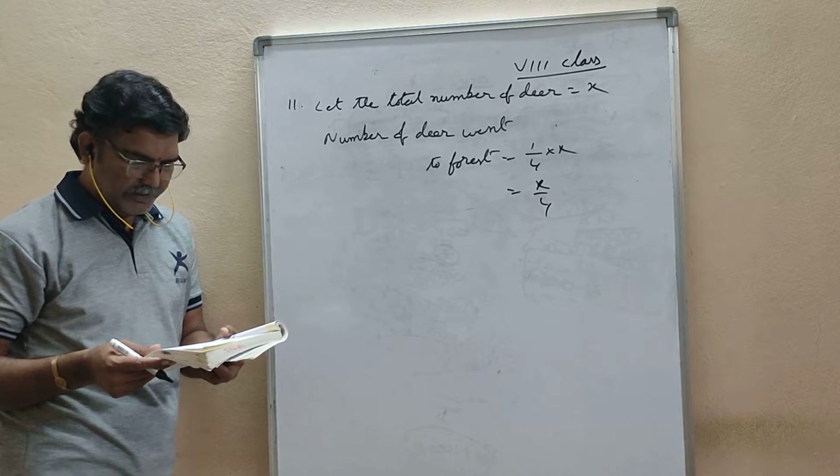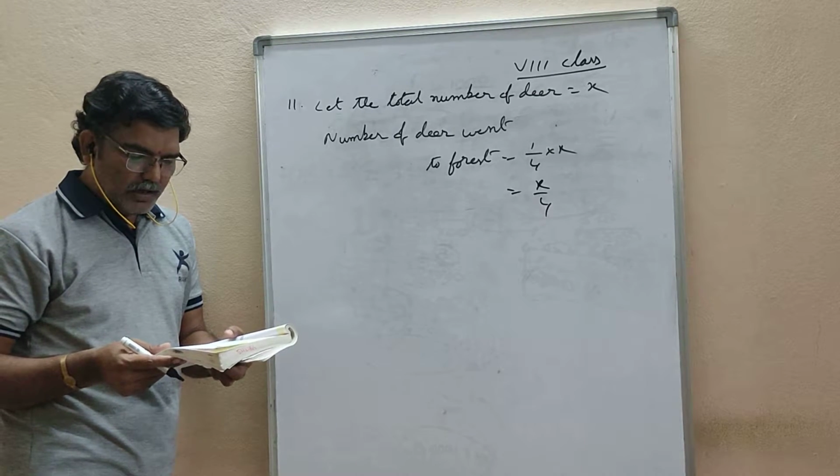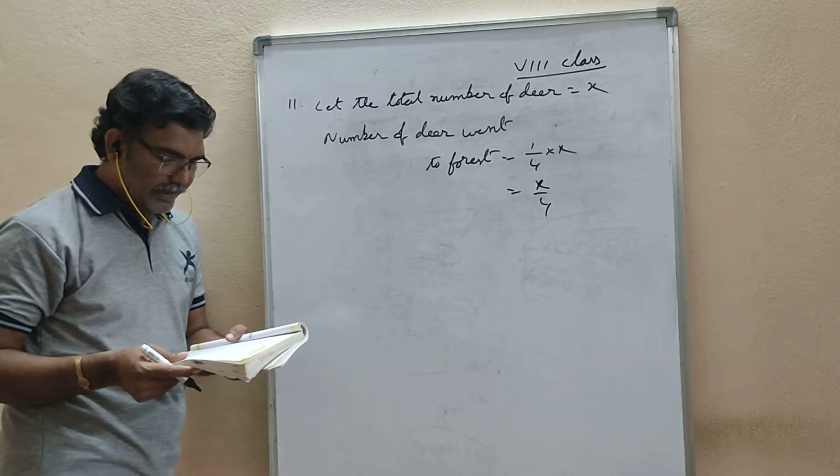Next, what is given here? 1/3 of the total number is grazing in a field.